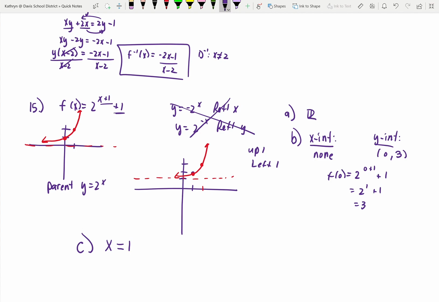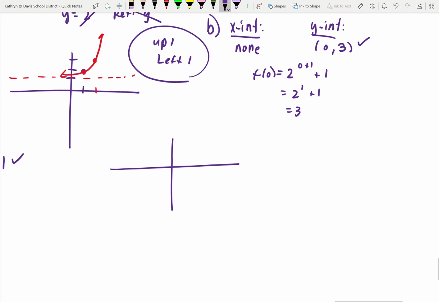So sorry. This is correct right here. This should actually be a Y. That is correct right there. So it's my graph. Not really sure how that is the graph, but no. Up 1, left 1. Okay, I'm going to do it again. I really don't want to re-record this, you guys.